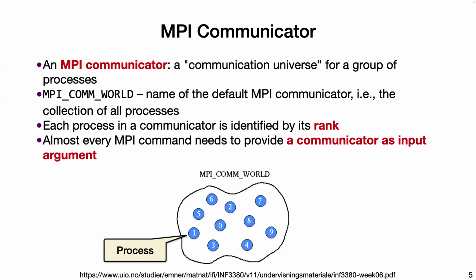And definitely in collective communication, because in collectives everybody in the entire communicator is participating, so you need to specify which world is participating. MPI_COMM_WORLD is just given at the start of the program.